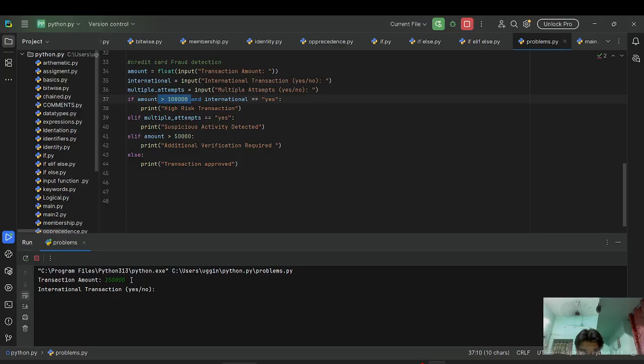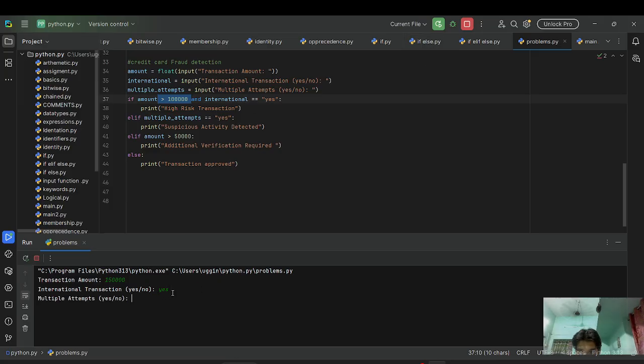If I enter yes, so again Python checks whether international transaction is yes or no because I have entered yes. Now this is also true. Now Python combines both using the and operator. True and true means the result becomes true. Therefore, Python immediately prints high risk transaction.